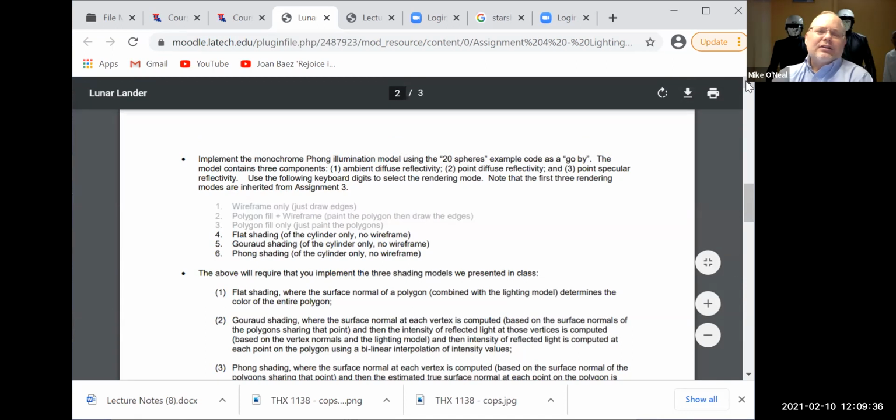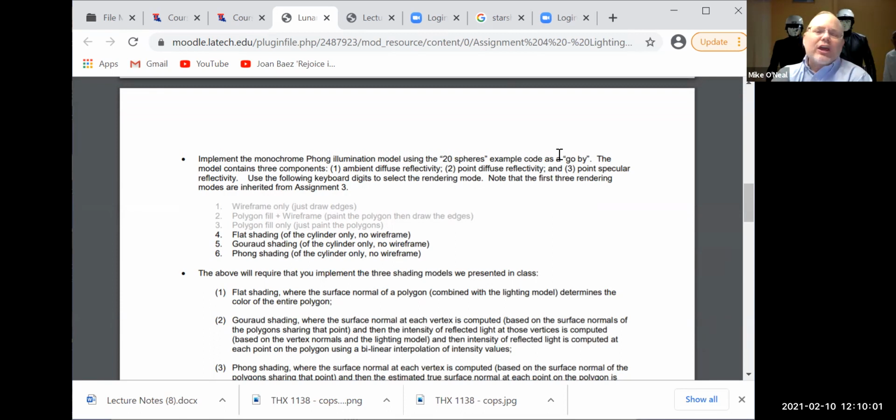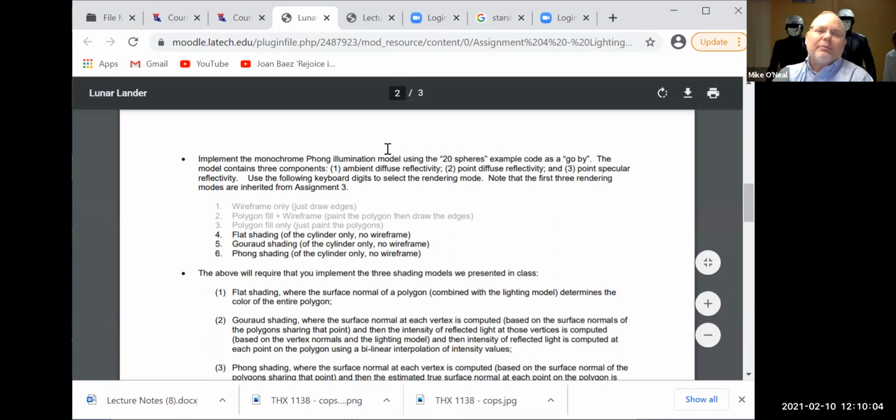The model contains 3 separate components, obviously, the ambient, the diffuse, and the specular. Use the following keyboard digits to select the rendering mode. So the rendering mode will be flat shading. I guess actually what I'm saying here is that you need to implement the Phong illumination model because that's going to be used by shading. So I guess the sentence isn't wrong here. You will implement the monochrome Phong illumination model using the 20 spheres example code as a go-by. So you're going to need illumination to be able to do shading.